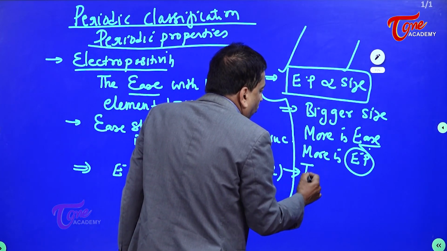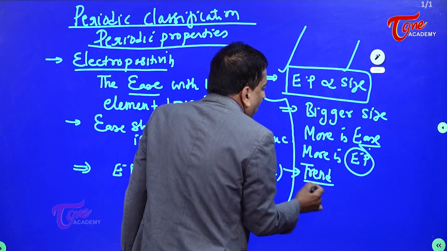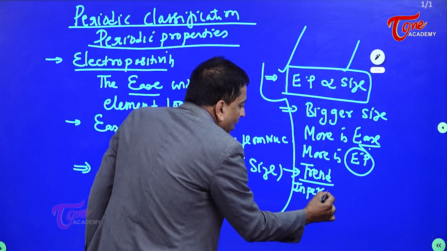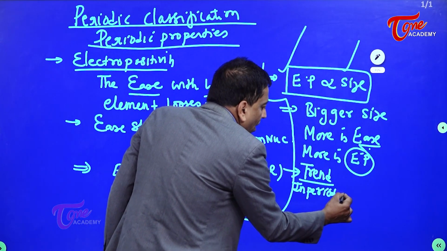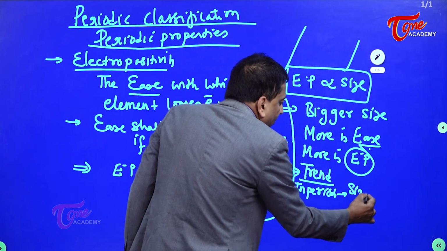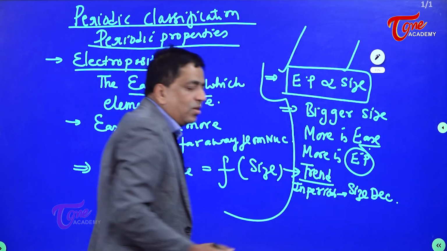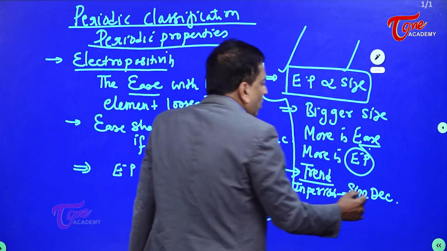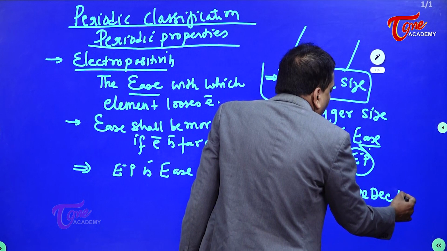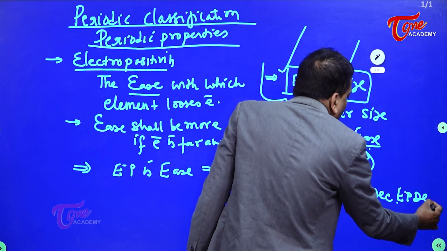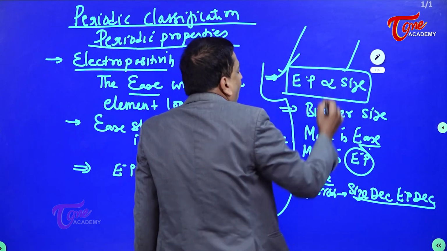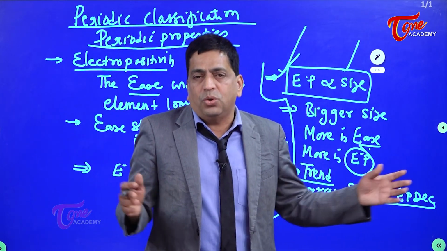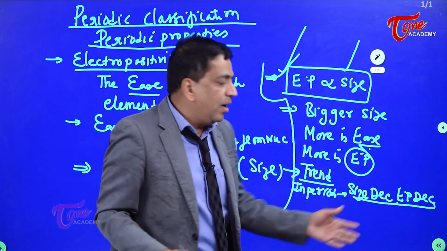If I write the trend, how it varies in the periodic table, in periods you can understand that the size decreases when you move from left to right. Right? So you can say that electropositivity also decreases because you have a direct relation between them. So electropositivity decreases from LHS to RHS, from left to right in a period.